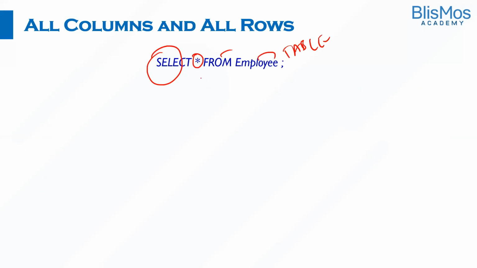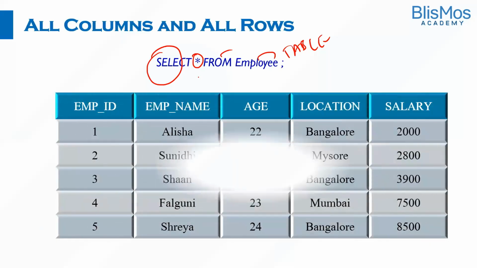First and foremost thing is, how do you select all columns and all rows? Very simple. All you got to do is select star from employee. Employee is a table. Star indicates get me all the columns and all the rows. What is the result? This is the result. Then if you want to select all the columns and specific rows, how do you do it?